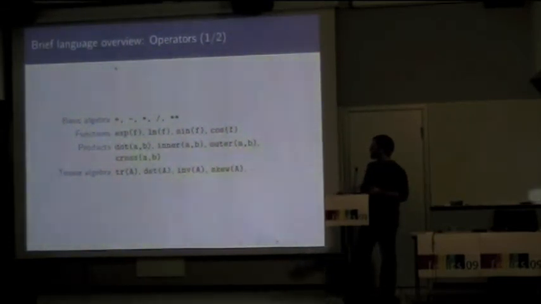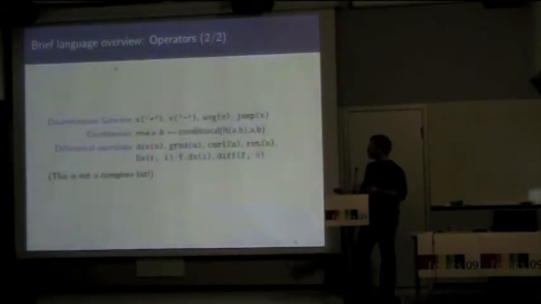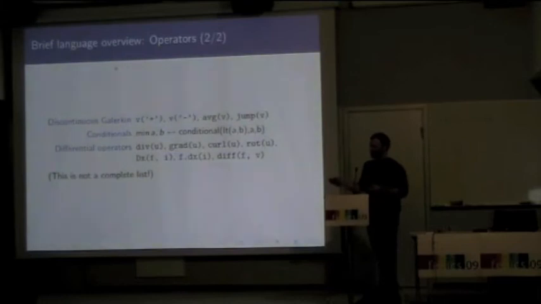And we have some tensor algebra operators, and there are more of those. There are discontinuous Galerkin operators, jump terms, conditional operators. Are those implemented yet? No. So you can express it, but it won't work. We can look at that later.